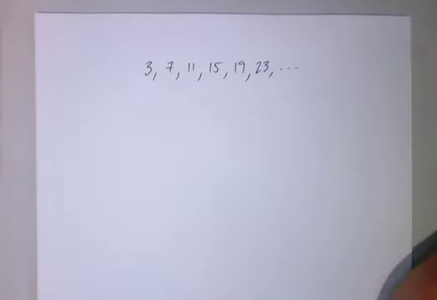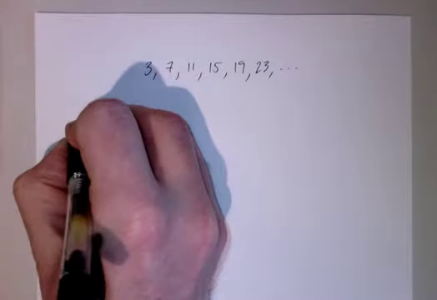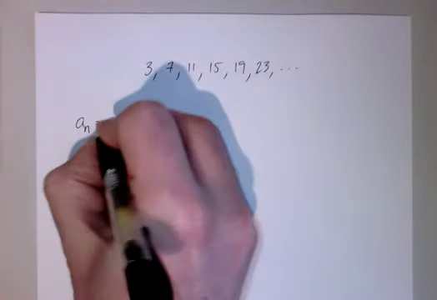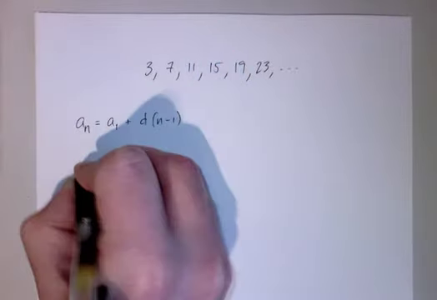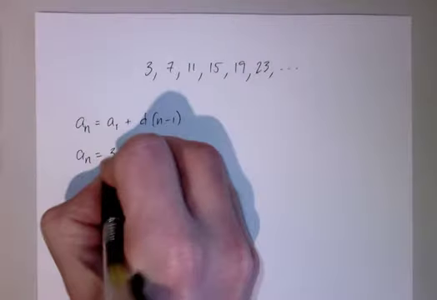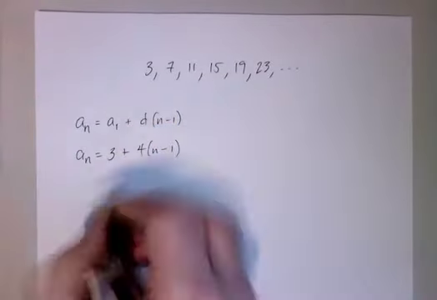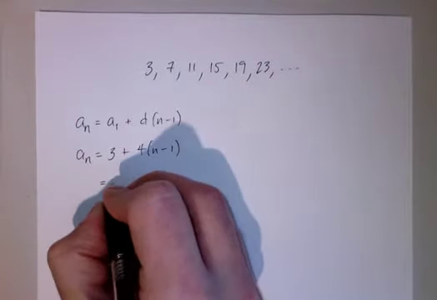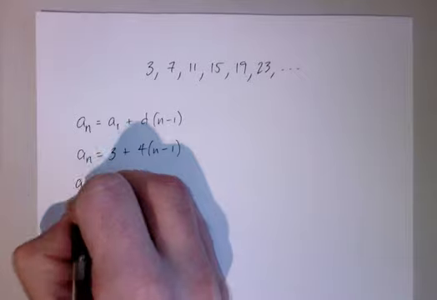Now that's a very easy arithmetic one, right? We recognize that the common difference is 4. And if I ever asked you to do that, you would say, well, that's a sub 1 plus d times n minus 1, which is the formula for an arithmetic sequence. And the first term is 3. The common difference is 4, right? And of course, you can simplify that a little bit and wind up getting -1 plus 4n, right?